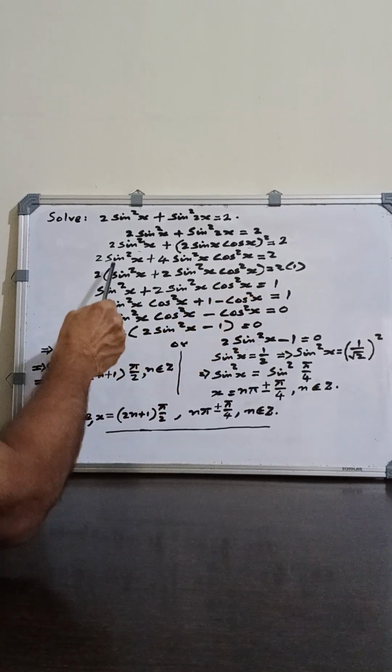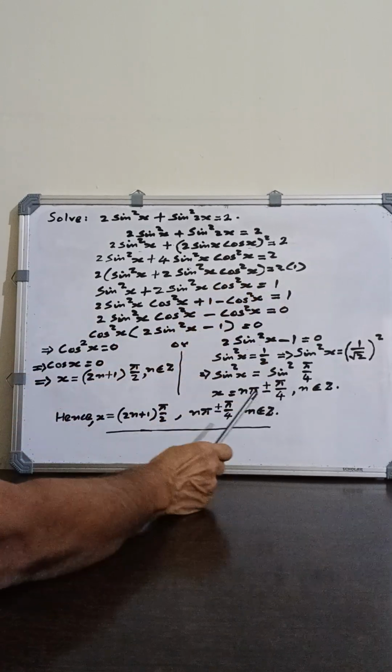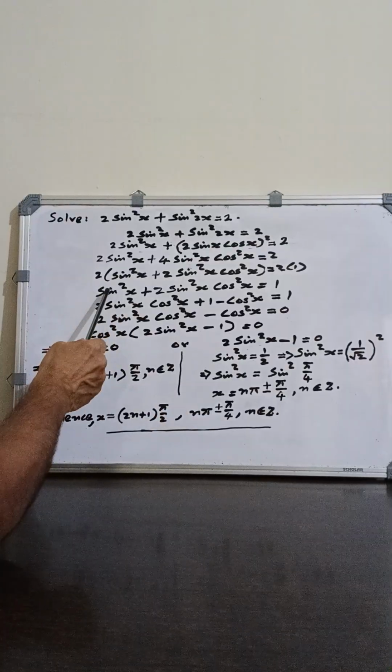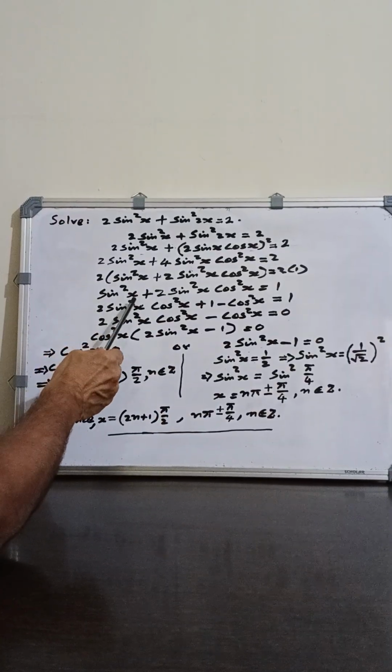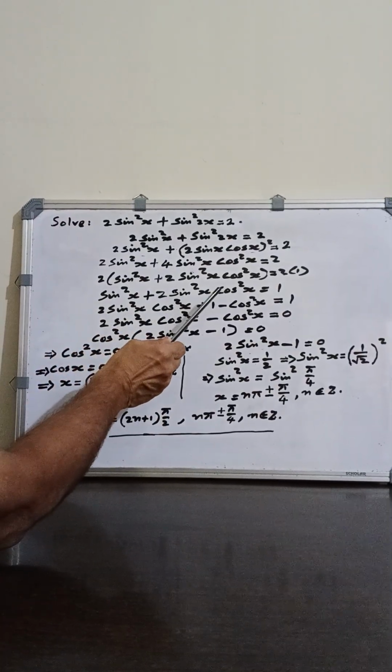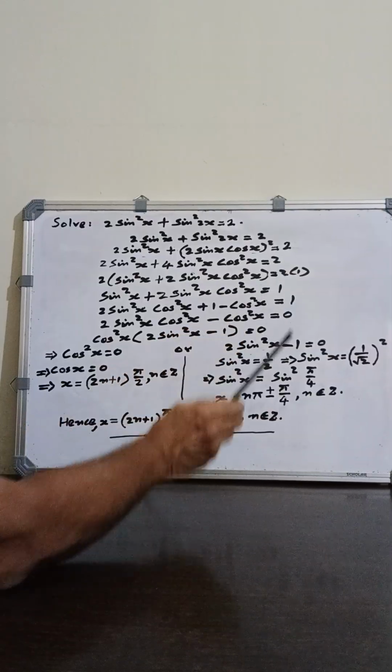and this 2 and this 2 cancel. Therefore, the equation becomes 2 sine squared x plus 2 sine squared x cos squared x equals 1.